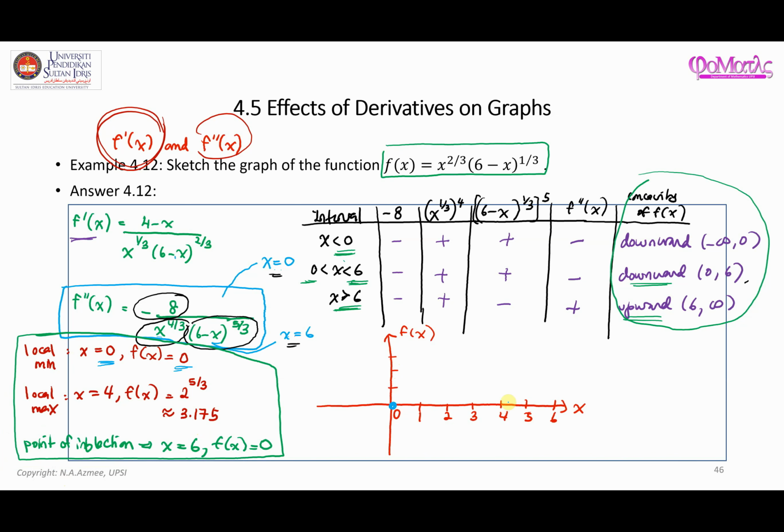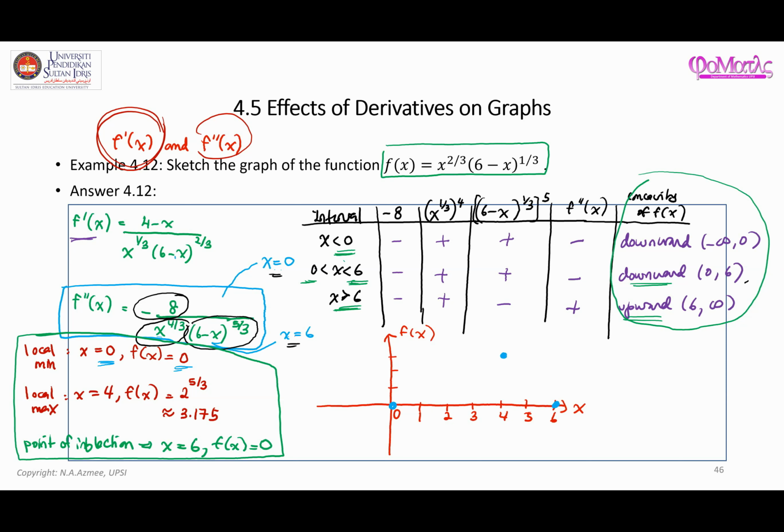Next, for the point of inflection, x is 6, f(x) is 0, so it is at this point. So we have managed to get these three important points here.